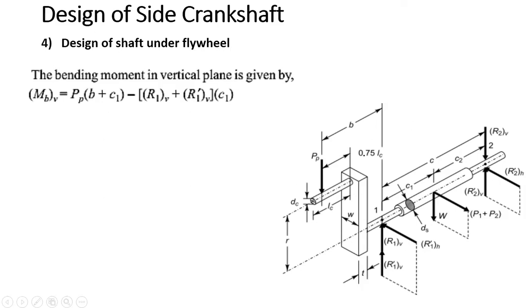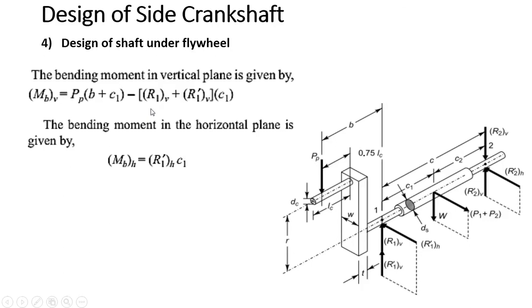The force into the distance about the center point, minus, because this is, let's say, anticlockwise and we are taking clockwise as positive, then R1V plus R1 dash V into C1. So this will be the moment about the vertical plane, about the center of this flywheel. So this is the overall bending moment.